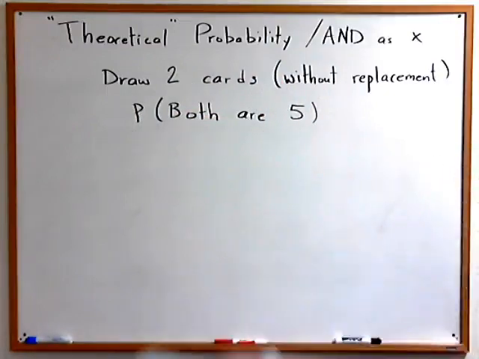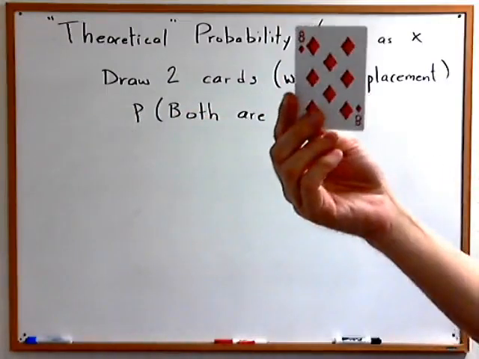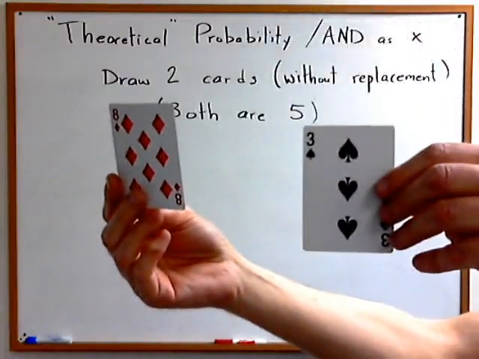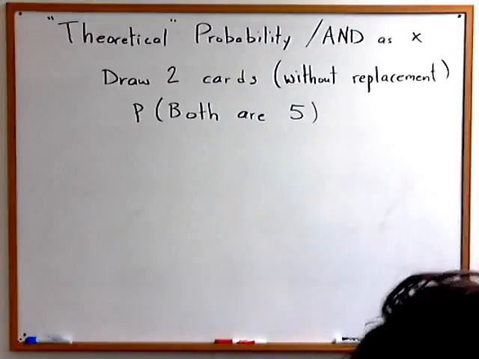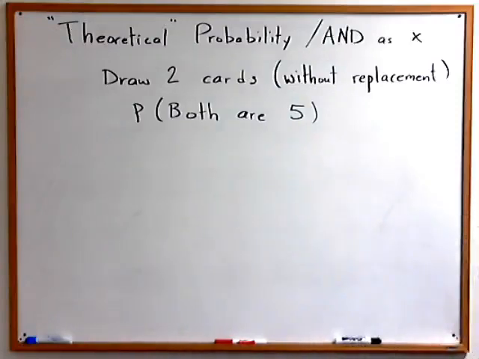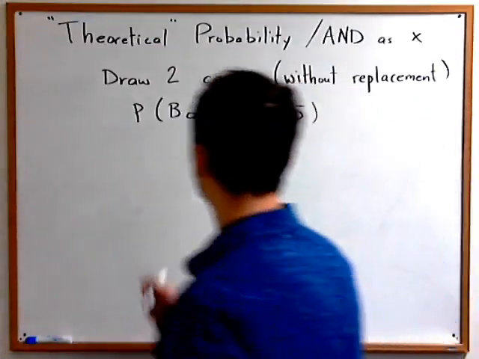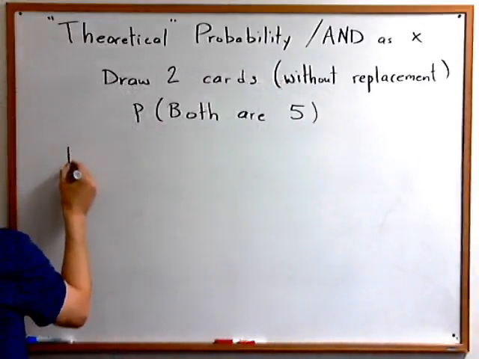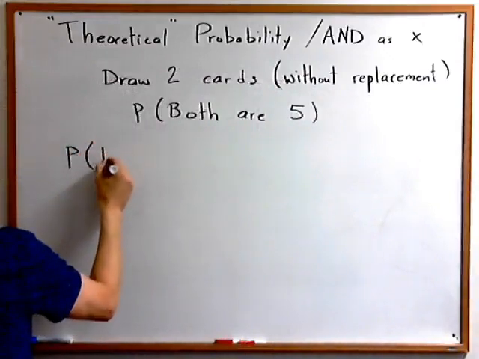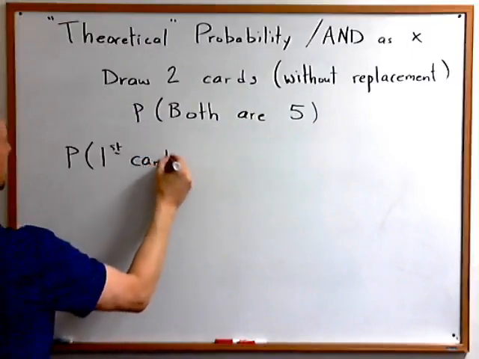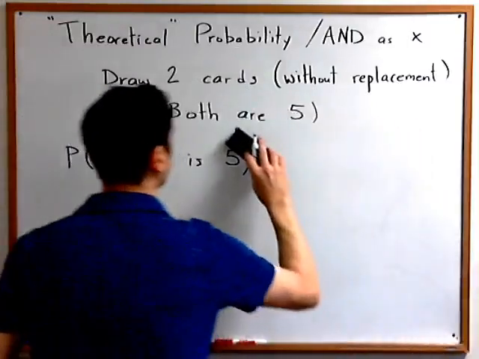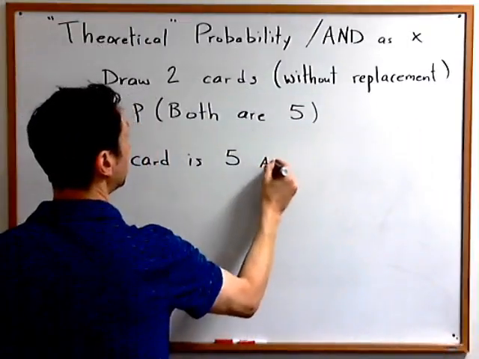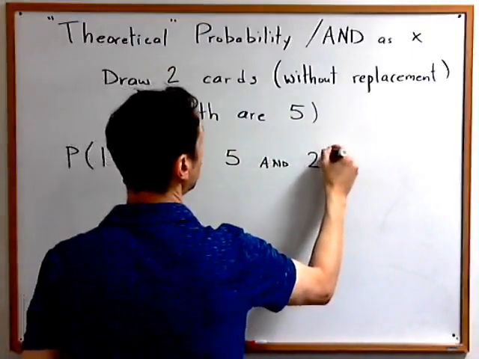Okay. So now we've chosen 2 cards, and I kept the first card out before I picked the second one, selecting without replacement. So let's see how that would affect the probability formula. Again, the probability that both of them are 5, we want to reword that using the word and. That means the probability that the first card is a 5 and the second card is a 5.